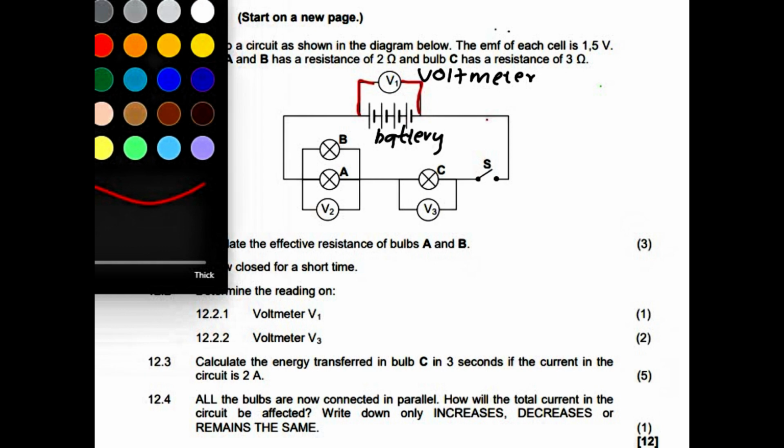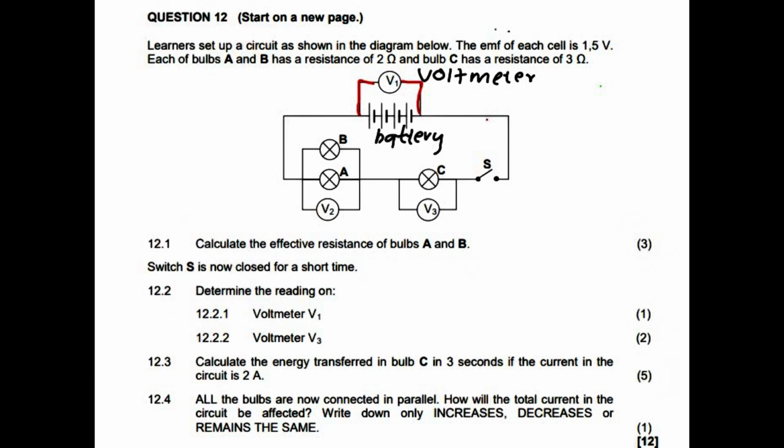The battery, on the other hand, is connected on this branch. Let's call this the green branch or the green line. So you can see that these two circuit elements, the battery and the voltmeter, are connected on different branches. So that is why we say that they are connected in parallel.